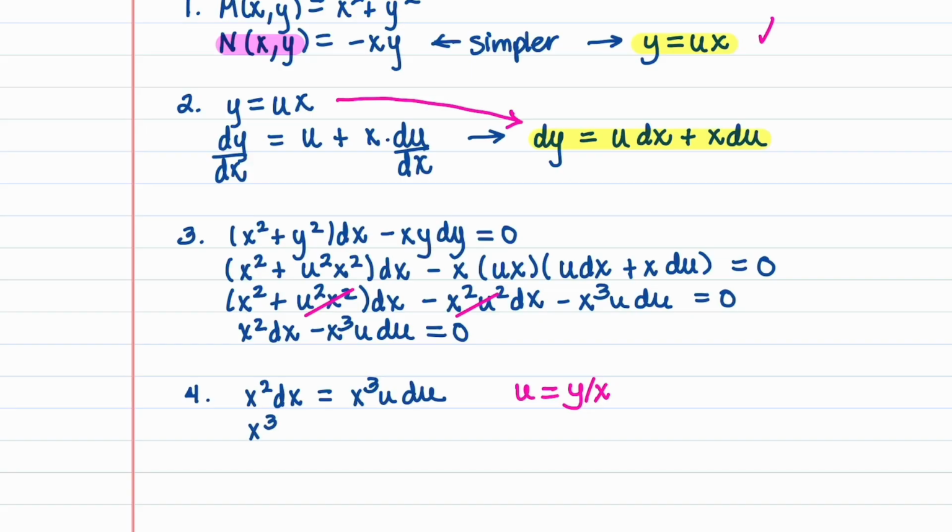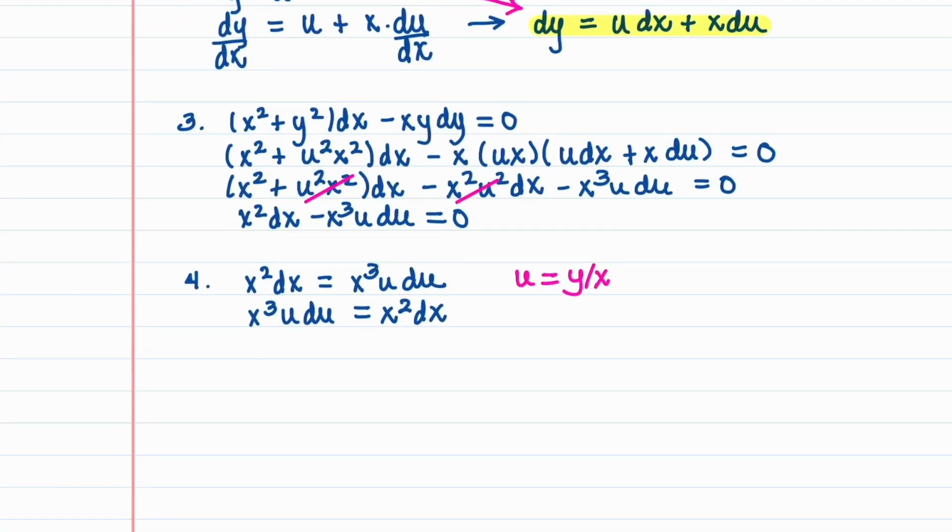This gives us x cubed u du is equal to x squared dx. Let's put the x cubed on the right, so this becomes u du is equal to 1 over x dx.